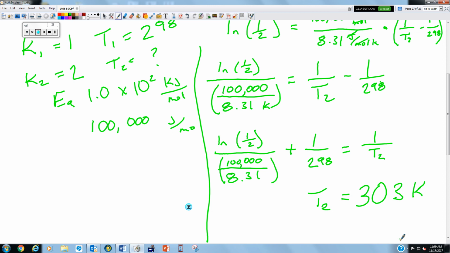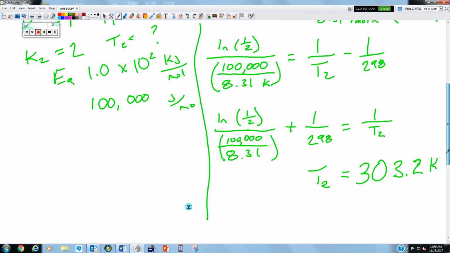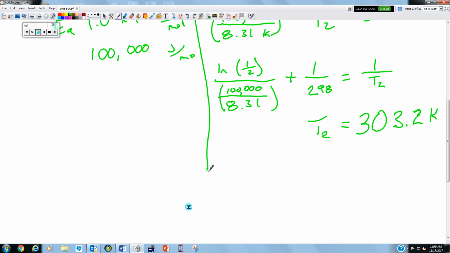All right, so your answer is going to be 303, actually technically it's 303.2 Kelvin. You can just leave it at 303, but 303.2 Kelvin is temperature 2. Now the question was asking for delta T, the change in temperature. So remember, delta T is T2 minus T1, or final temperature minus initial temperature.